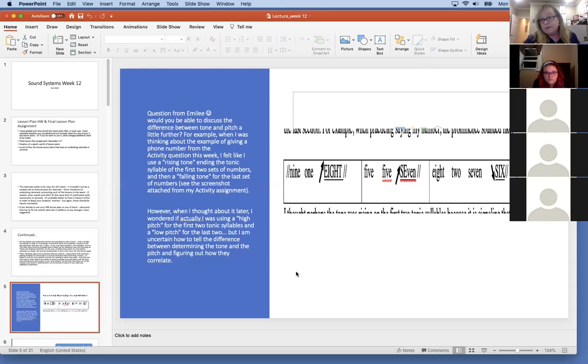And you could also do both, of course. You could also say it that way, but that's sort of a little weird. Because in order to go up, if you're going to do a high pitch and a rise, you'd go all the way up.